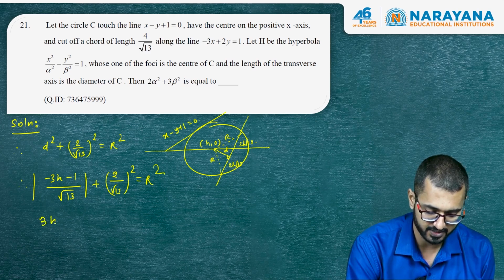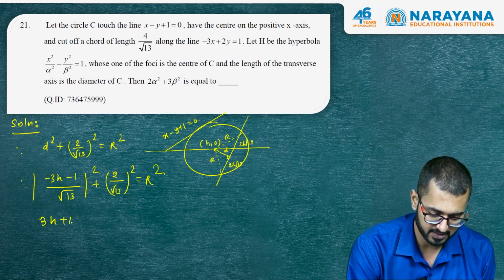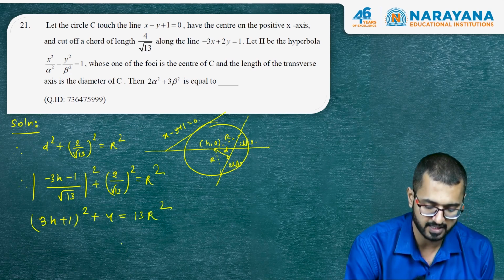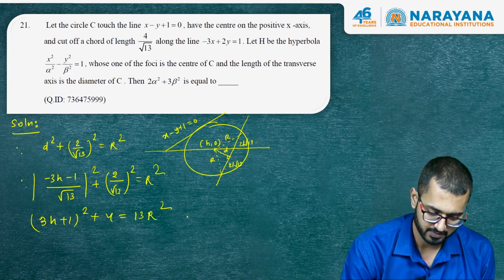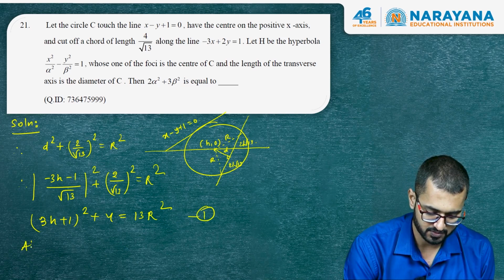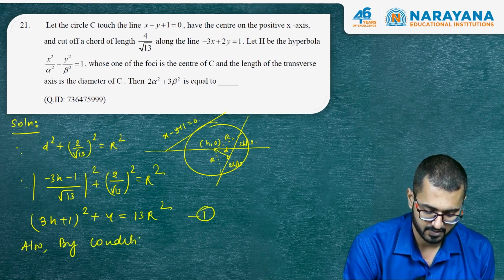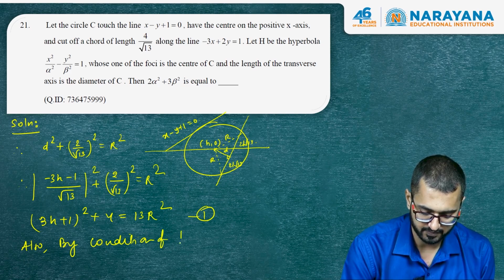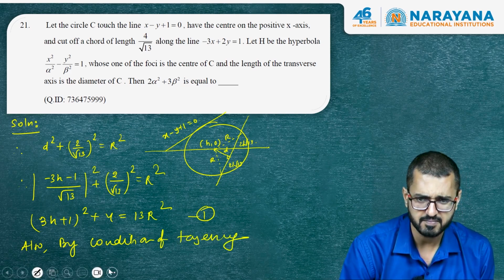So here we can write (3h plus 1)² plus 4 is equal to 13r². This is my equation 1. Also, by the condition of tangency, I'll be having d equal to r.